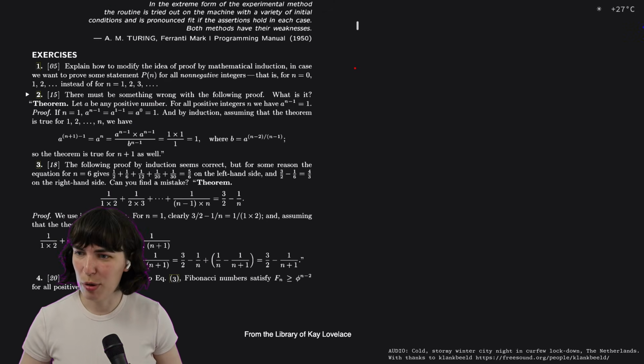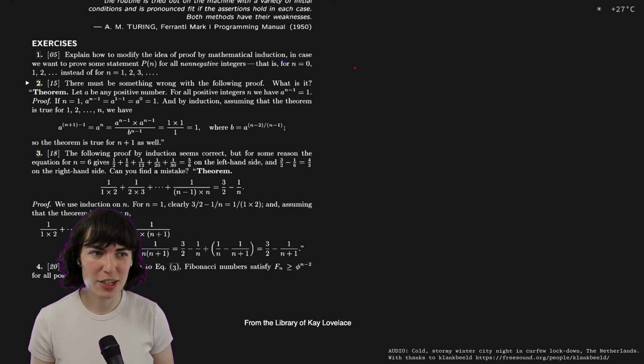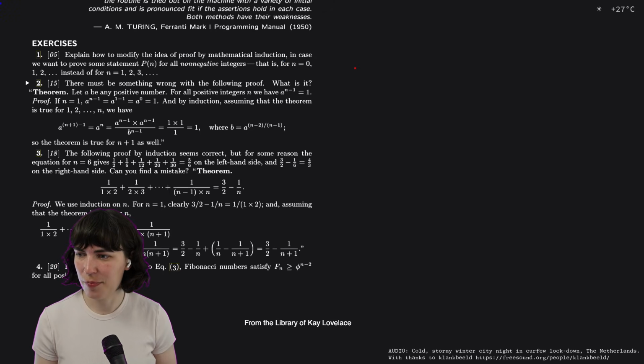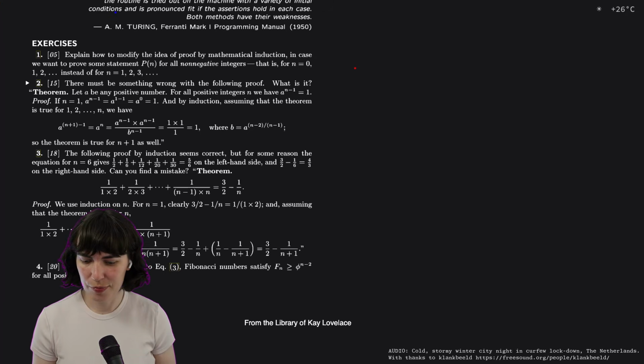Now we get onto the real problems. Now this is the one I was puzzling away at before the stream to see if it was time for me to move back into this again. Temperature's getting lower, that's good. And I decided it was. So the problem reads, there must be something wrong with the following proof. What is it? Theorem.